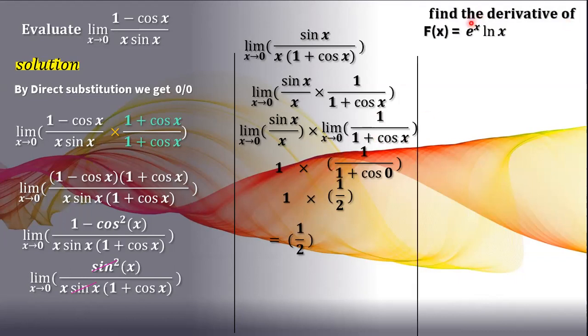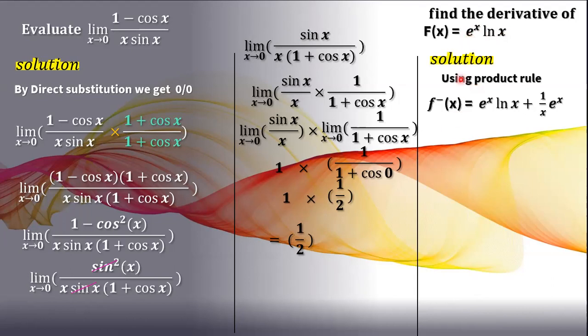Next question. Find the derivative of f of x equals e power x ln x. This is the product rule, because between e power x and ln x is multiplication. Product rule: the derivative of the first one times the second one plus the derivative of the second one times the first one.